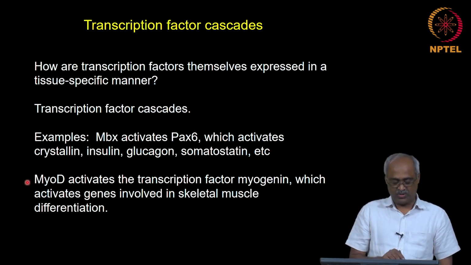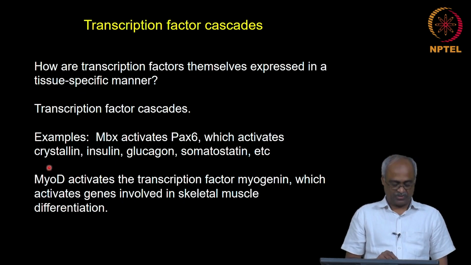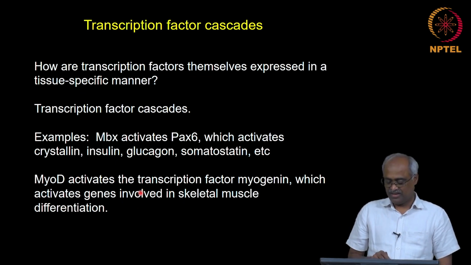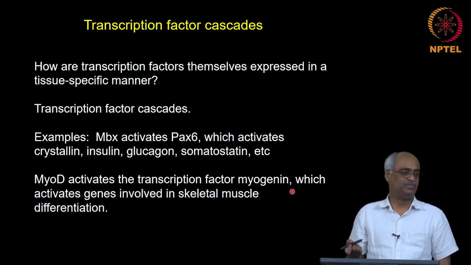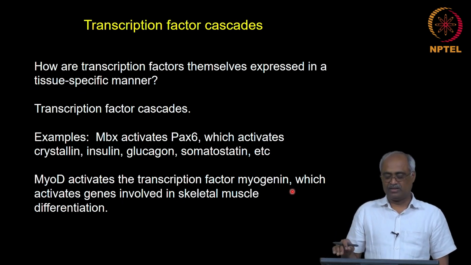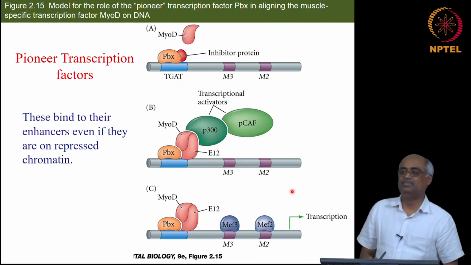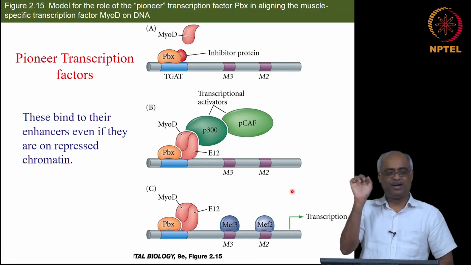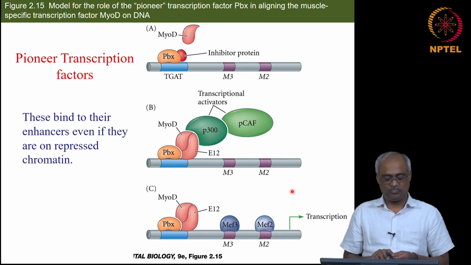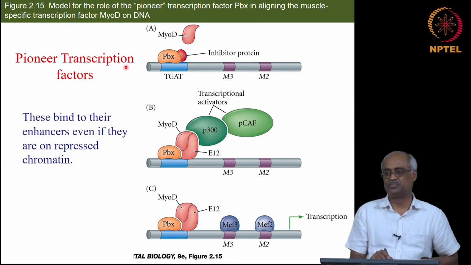And similarly, MyoD, this muscle specific, really powerful transcription factor, activates myogenin, which activates other genes involved in skeletal muscle differentiation. So on and so forth, one after the other. So the main concept here is there is a cascade. Okay, then if you follow the cascade all the way up to the top, you have something called pioneer transcription factors.